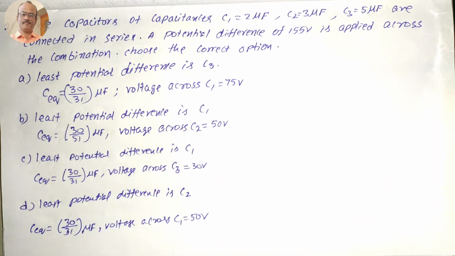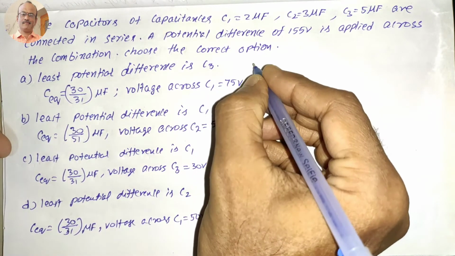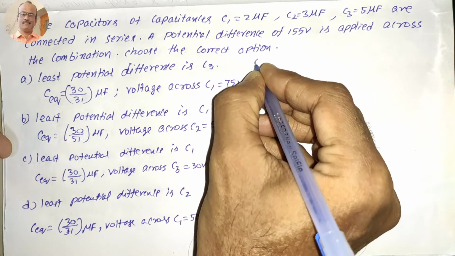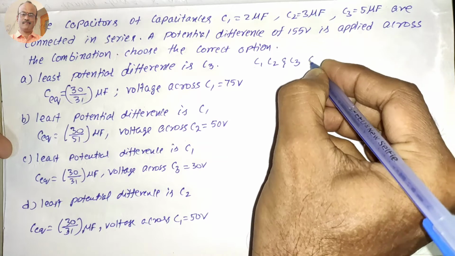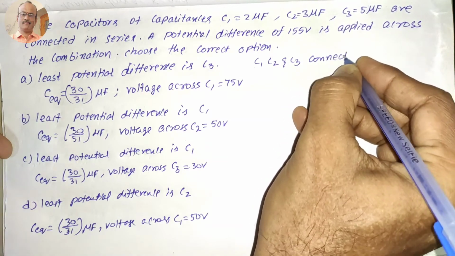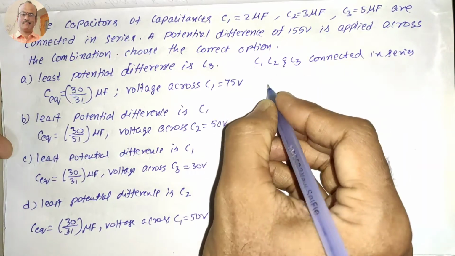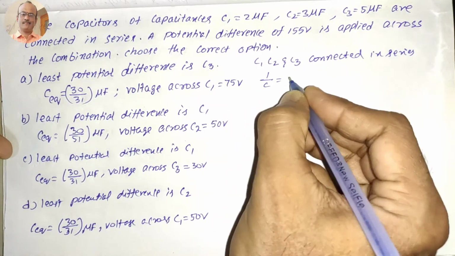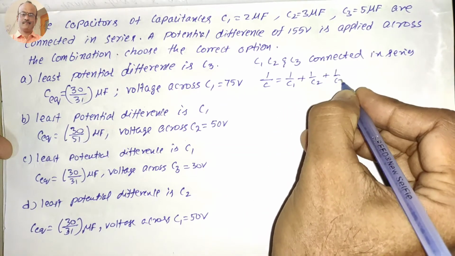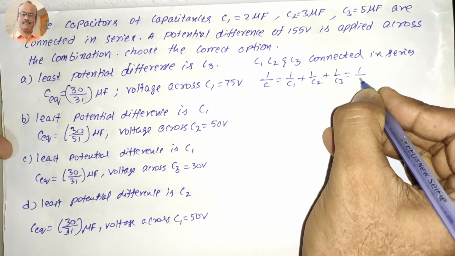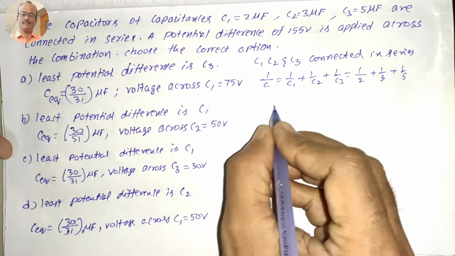So first of all we will calculate the C equivalent. Here C1, C2 and C3 are connected in series. So that means 1 by C equivalent is equal to 1 by C1 plus 1 by C2 plus 1 by C3. So that means 1 by 2 plus 1 by 3 plus 1 by 5.